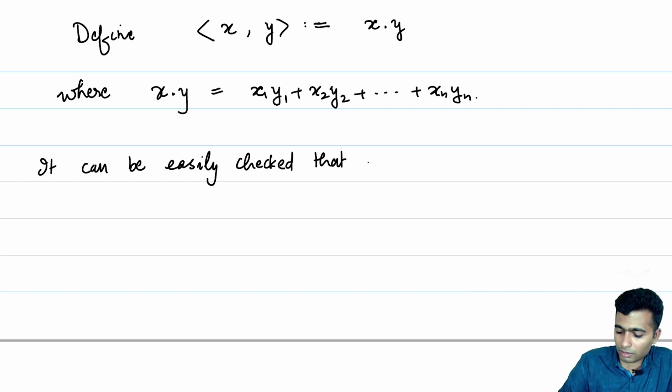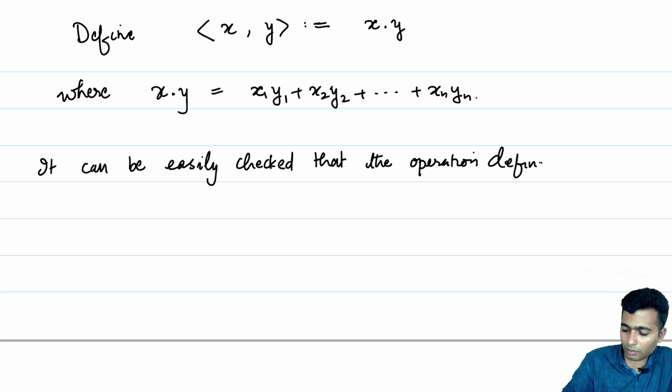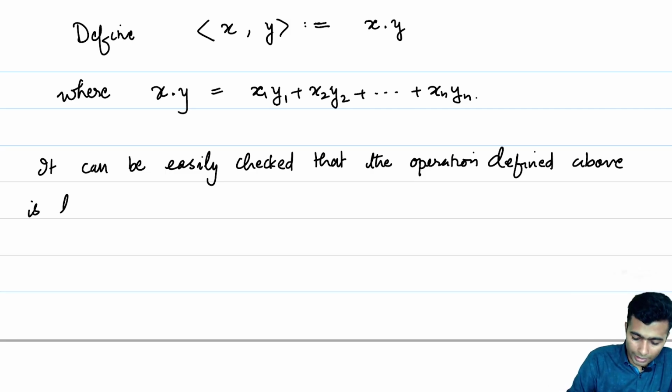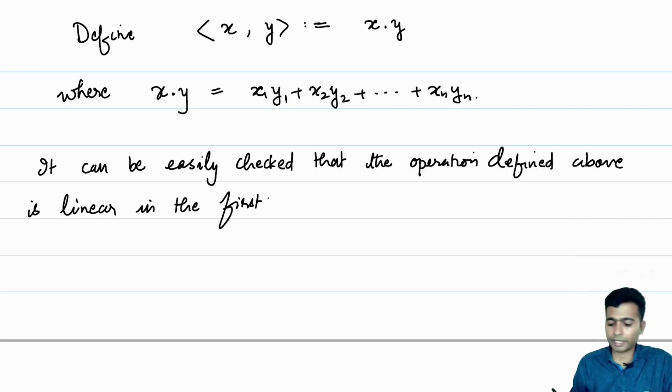That the operation defined above is linear in the first variable. Just take two vectors x and x prime, look at the inner product of x plus x prime with y.